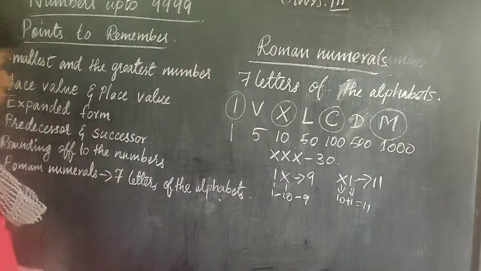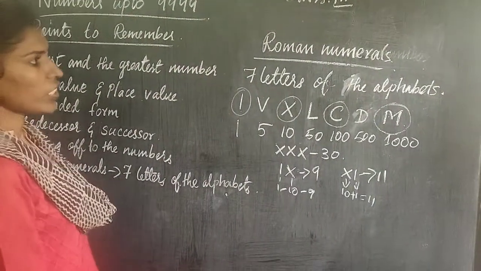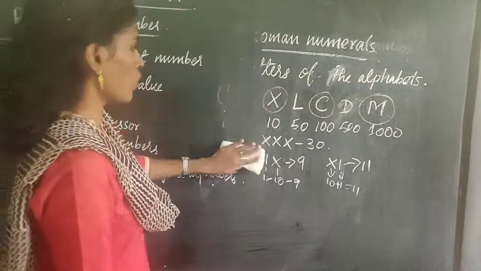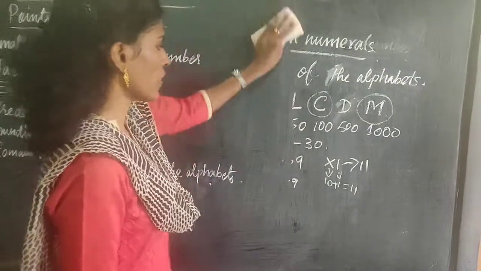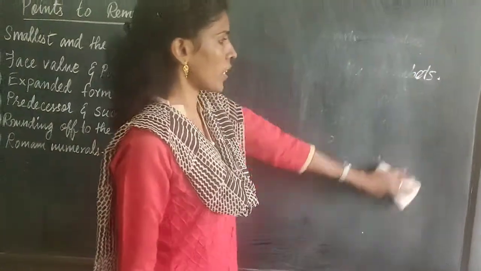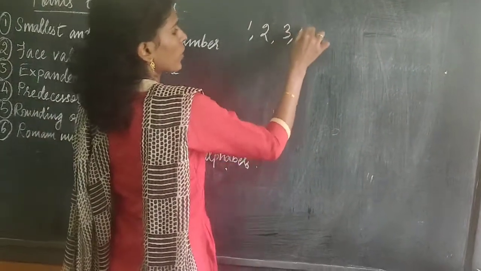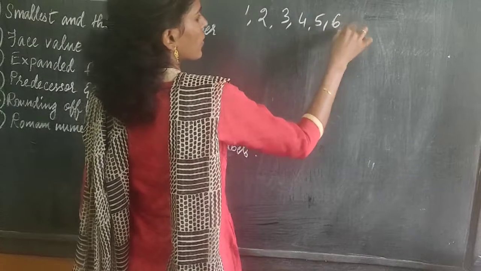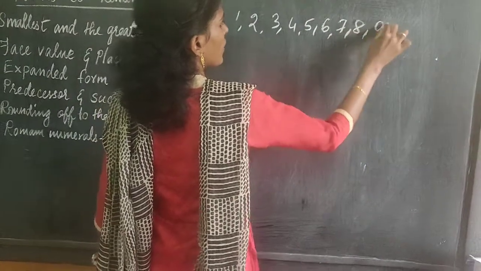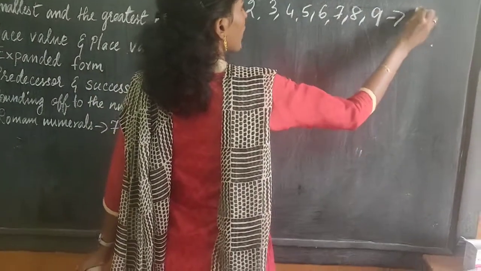Again, I want to tell you, we were learning the numbers, no? Single digit numbers you already know, from 1, 2, 3, 4, 5, 6, 7, 8, 9. So there are 9 numbers.